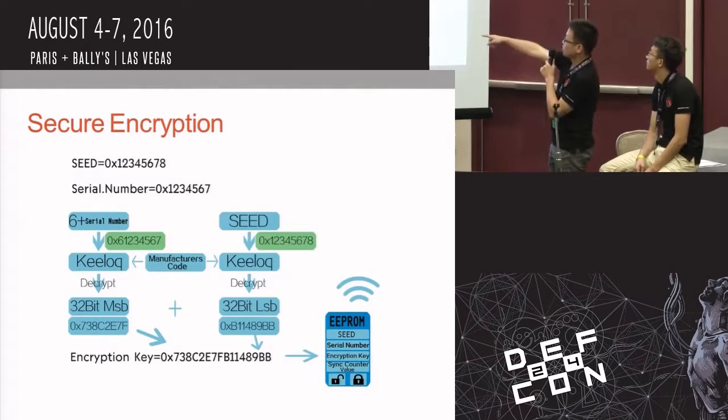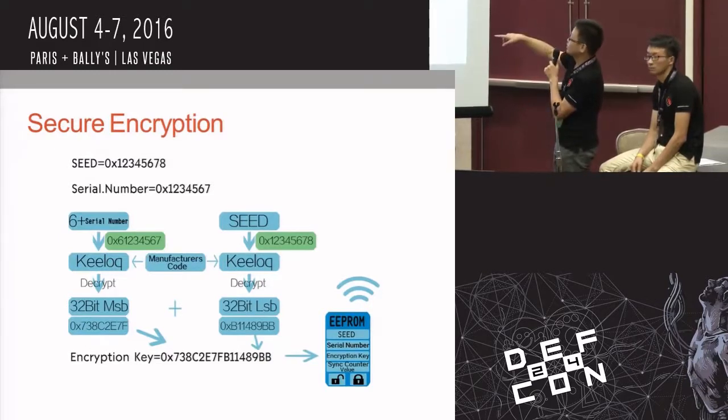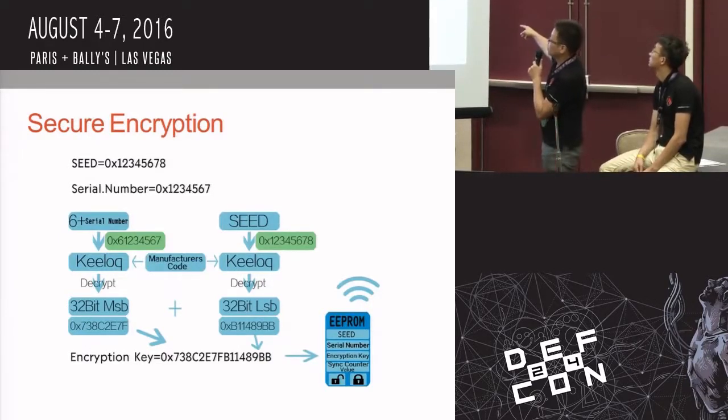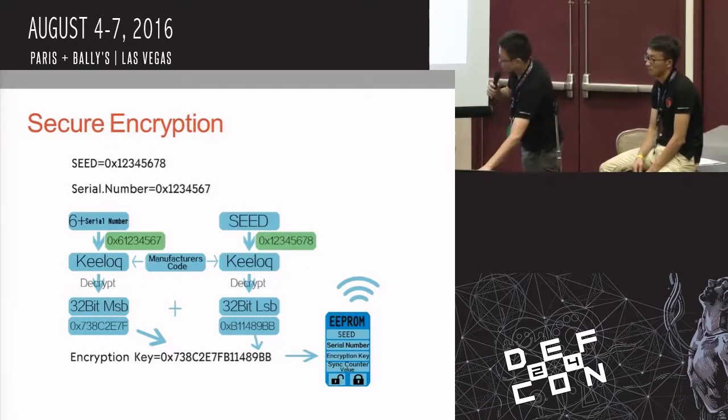The MSB is encrypted the same way, and then they use the seed to decrypt and get the LSB of the encryption key. So if we get the manufacturer's code and capture the serial number, but we do not know the seed, we could not open the car.